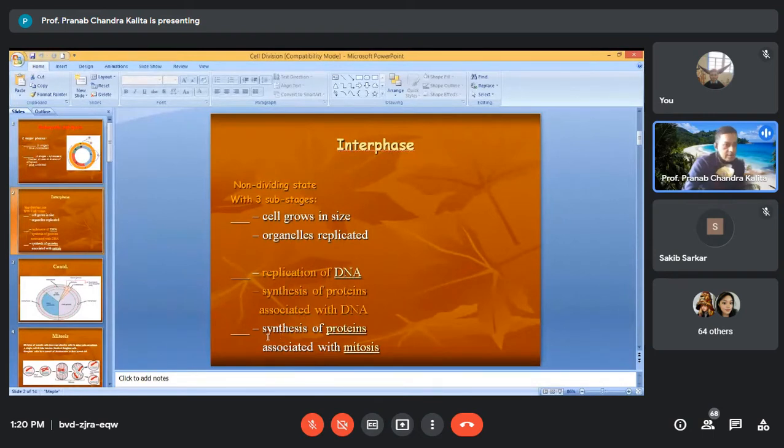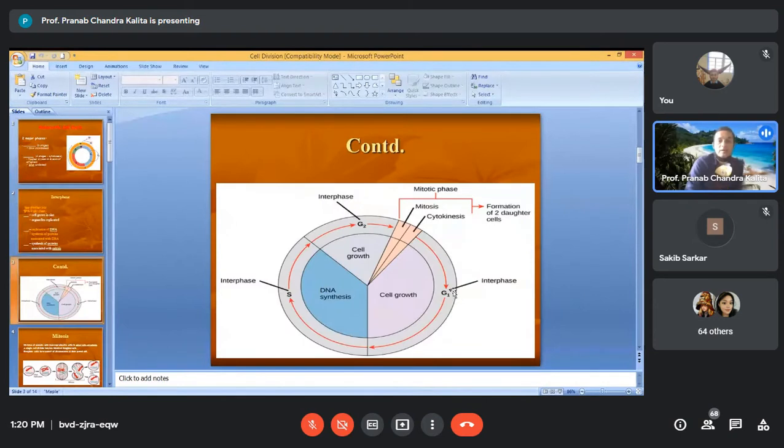In G2, there is synthesis of proteins associated with mitosis. These are the three stages of the interphase: G1, S and G2.